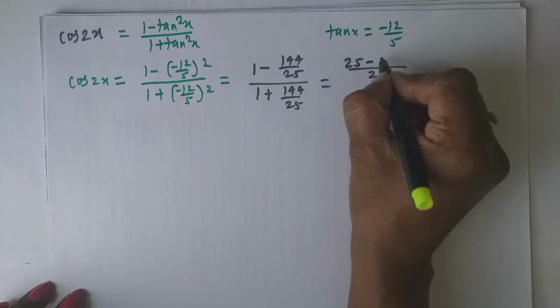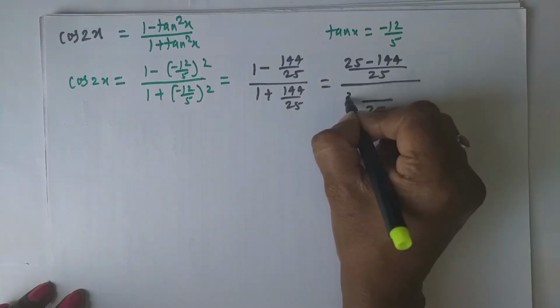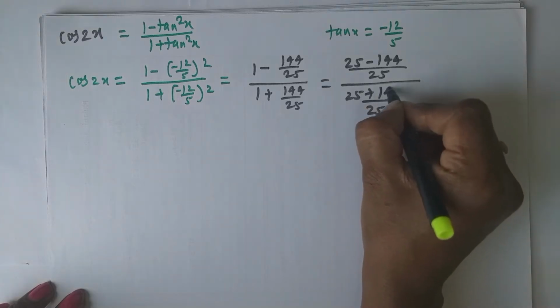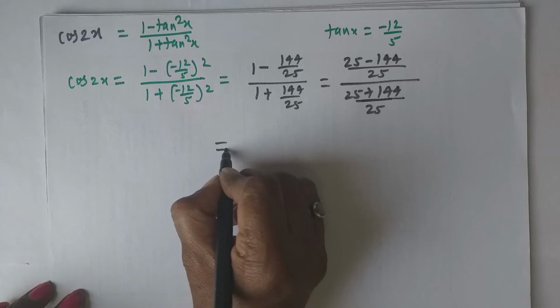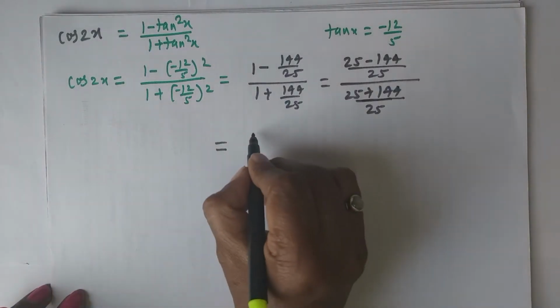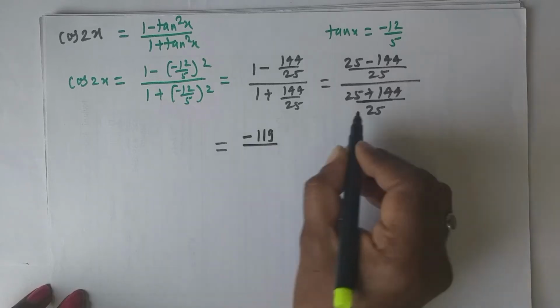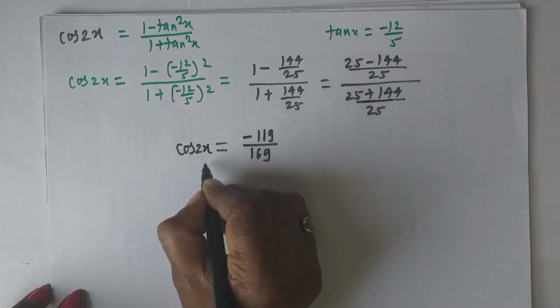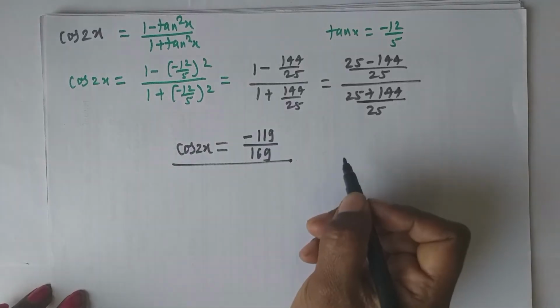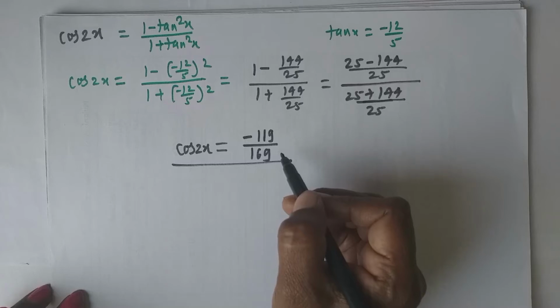This will be 25 minus 144, and in the denominator, 25 plus 144, divided by 25. Now simplify this. After simplification, this will be minus 119 divided by 169. This is the value of cos 2x. In this way, we have got the value of cos 2x: minus 119 divided by 169.